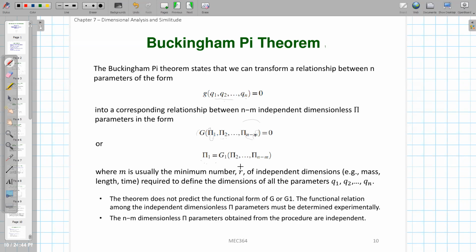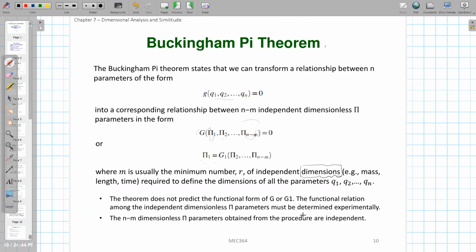And what is r? r is the number of independent fundamental dimensions. Remember this word, dimensions. What do dimensions mean?